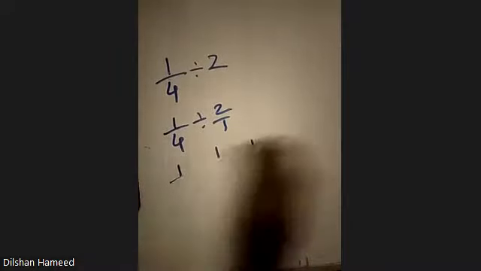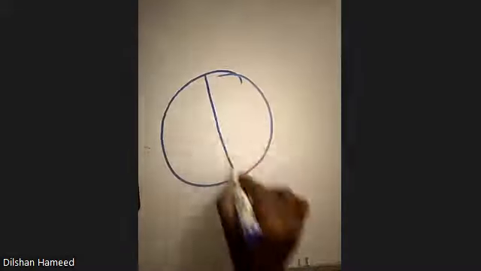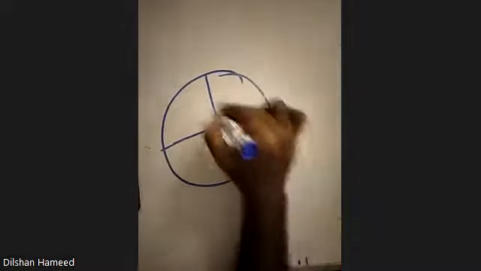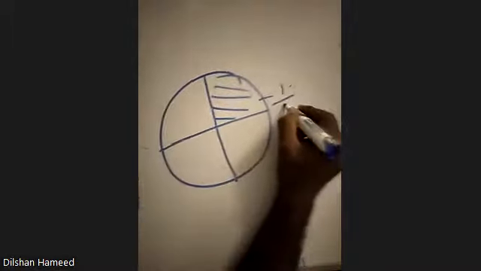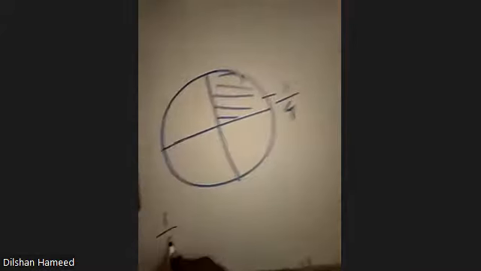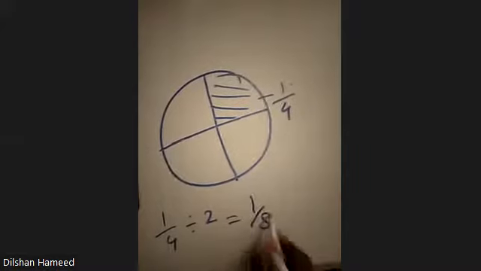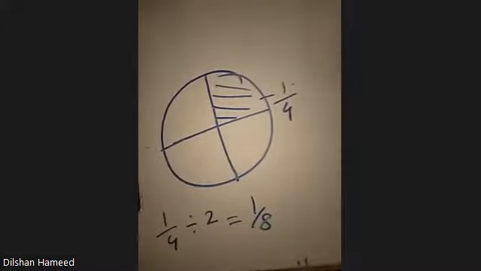So you have one whole pizza, and then it is divided into 4. That's how it becomes a quarter, right? So you have this quarter, which is 1 out of 4. Our question is 1 out of 4 divided by 2. We got the answer 1 out of 8, right?